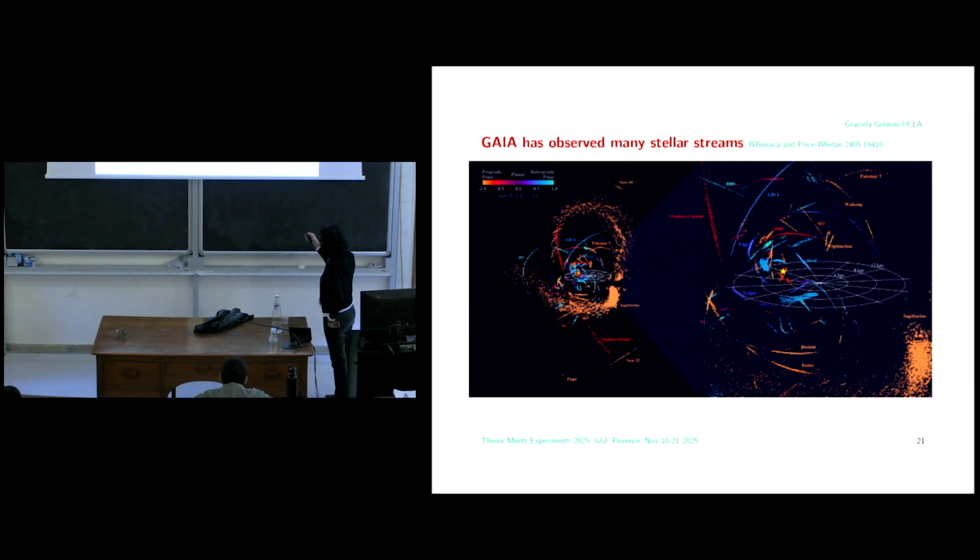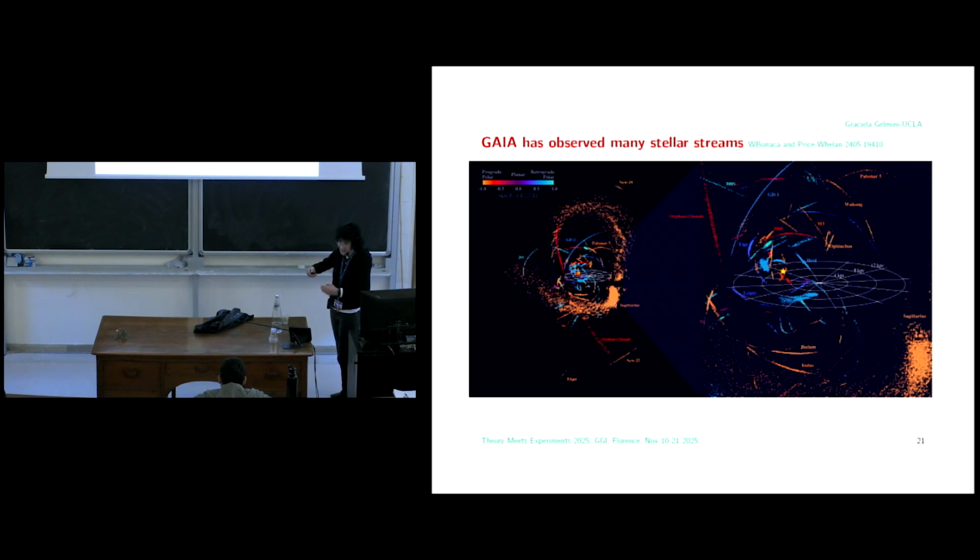So this is the same disk that is there. You can see this is Sagittarius. Remember the first day I showed you the Sagittarius? Sagittarius is a dwarf galaxy that has gone around the galaxy several times. It is being tidally disrupted.